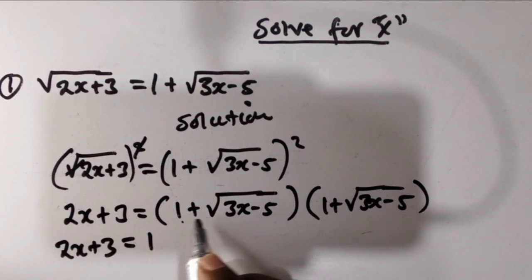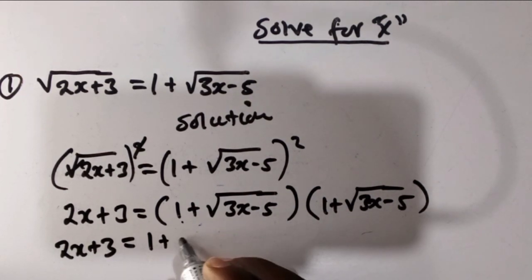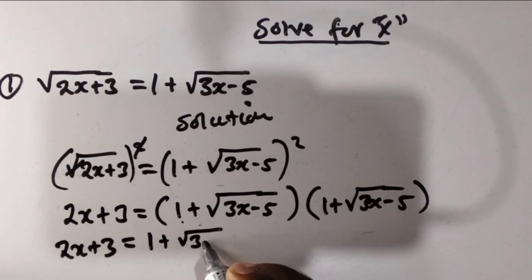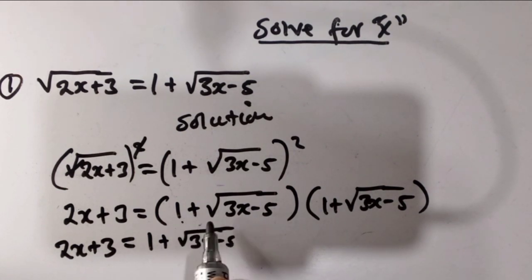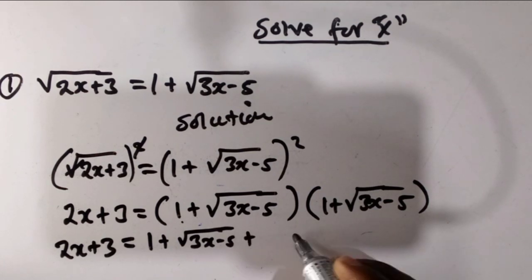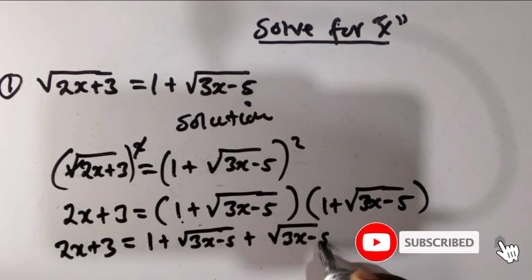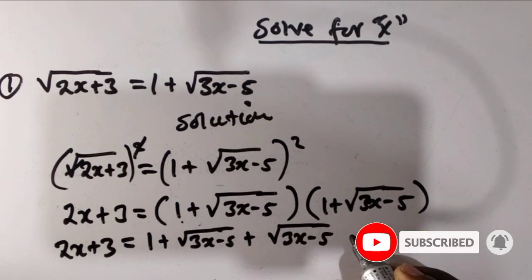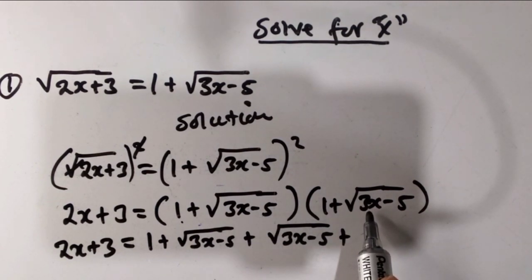Then 1 times the square root of 3x minus 5, we have plus the square root of 3x minus 5. Then the square root of 3x minus 5 times 1, plus the square root of 3x minus 5. Then plus the square root of 3x minus 5 times the square root of 3x minus 5.